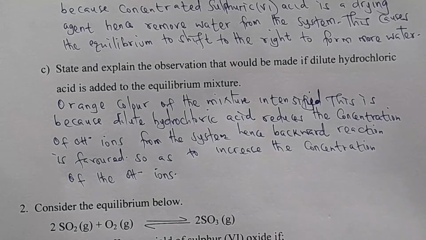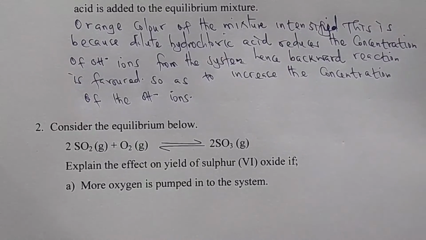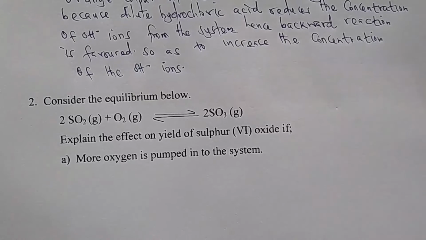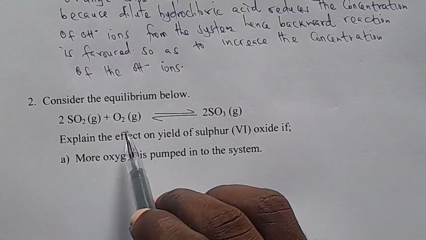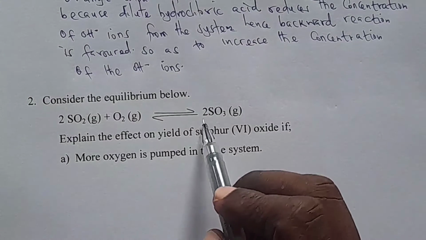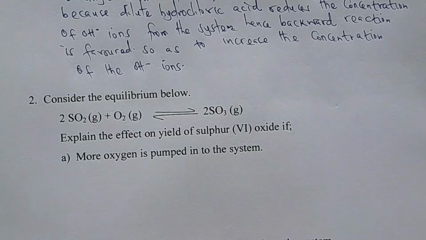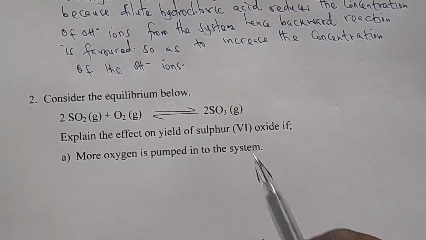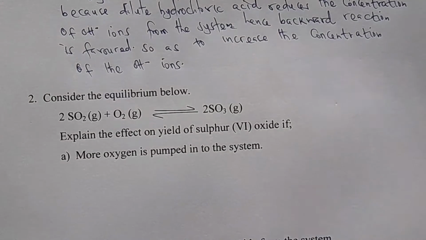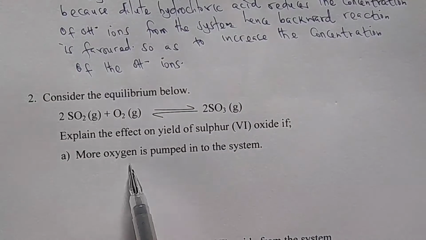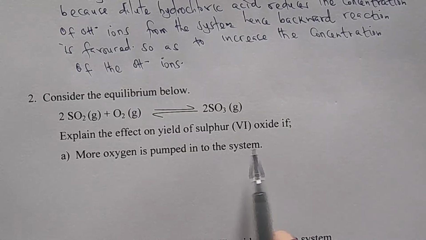So we go to question 2. We are told consider the equilibrium below. We have 2 moles of sulfur(IV) oxide gas plus 1 mole of oxygen gas, giving us 2 moles of sulfur(VI) oxide gas. We are told explain the effect on the yield of sulfur(VI) oxide if, from 1, more oxygen is pumped into the system.